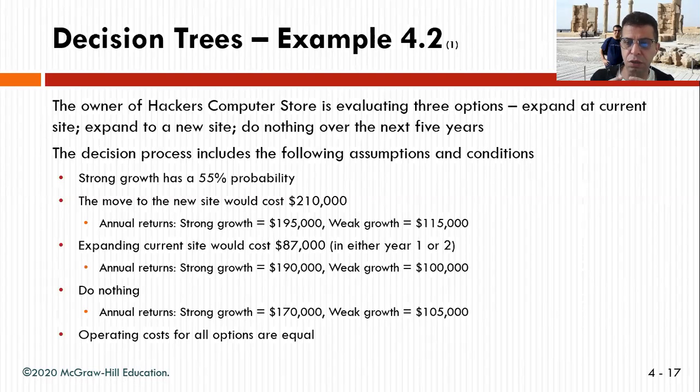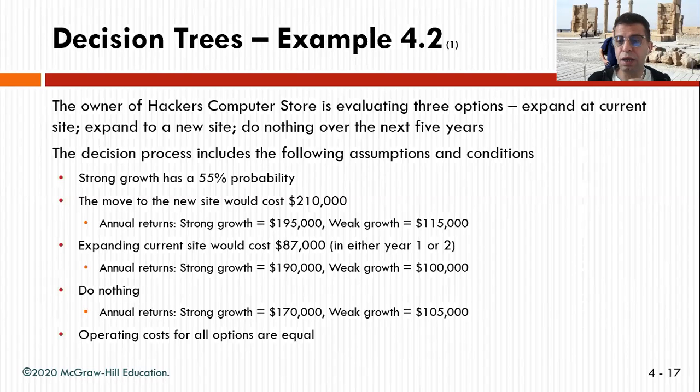The third decision is just we do nothing. And for the expanding, the cost will be only 87,000, whereas the first one, moving to a different place, is 210,000. The annual return for strong growth is $190,000, and if they have weak growth, it is 115.